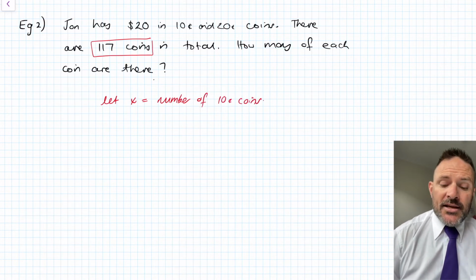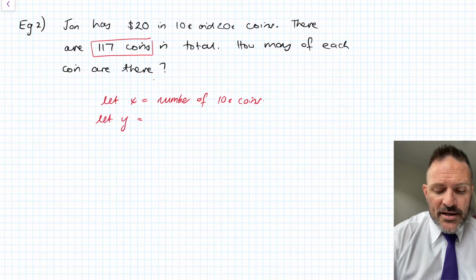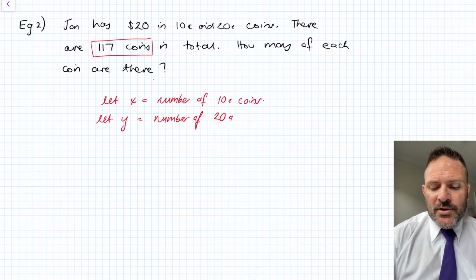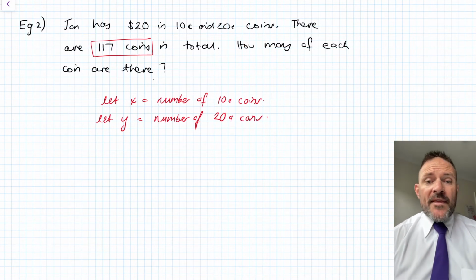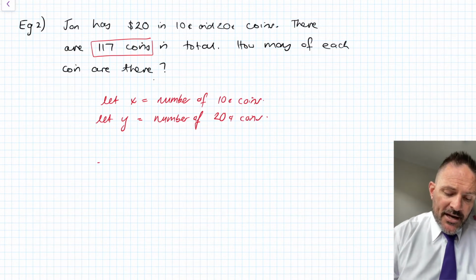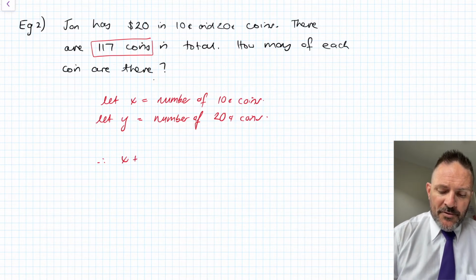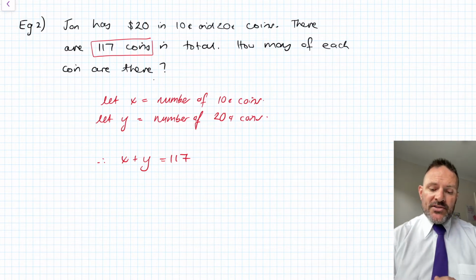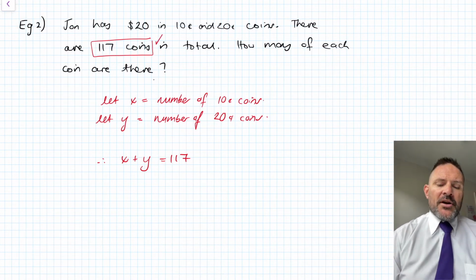Very nice and clear. I'm going to say let Y equal the number of 20-cent coins, right? Very important to write that down. The next one I'm going to say, therefore, if I add the number of 10s and the number of 20s, we have 117 coins in total.